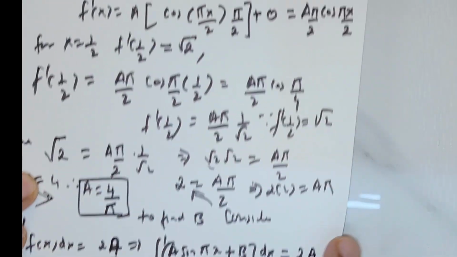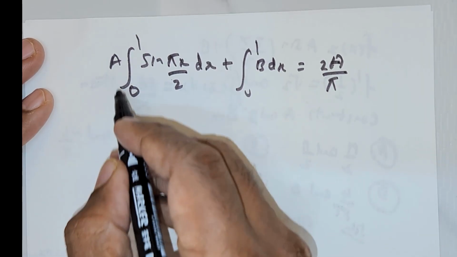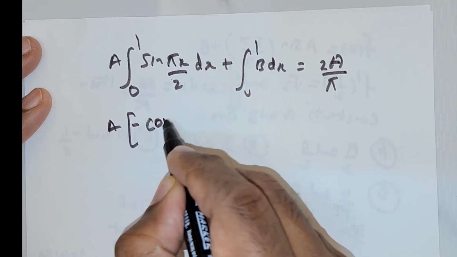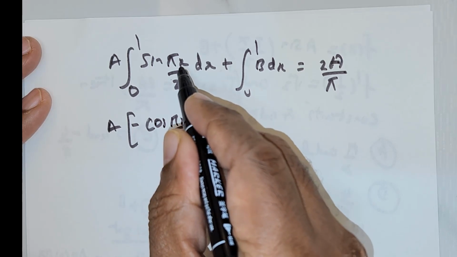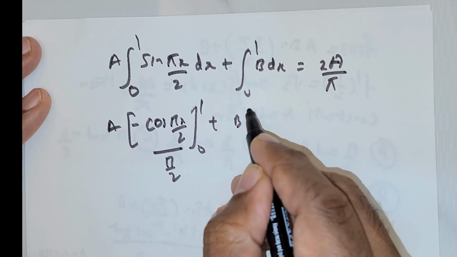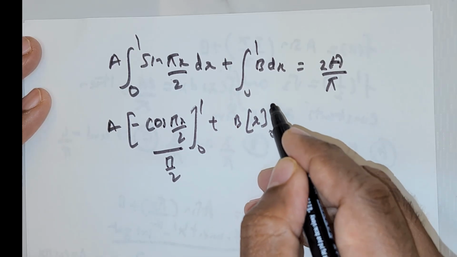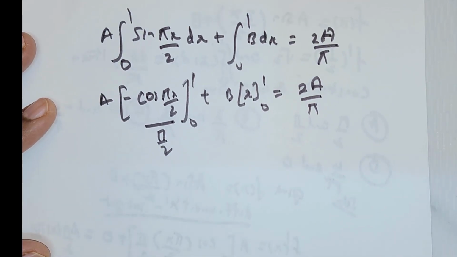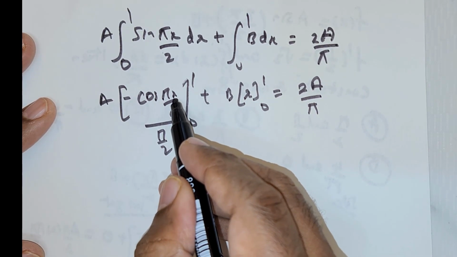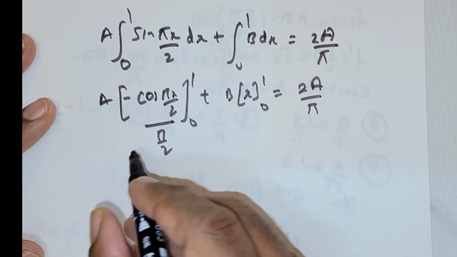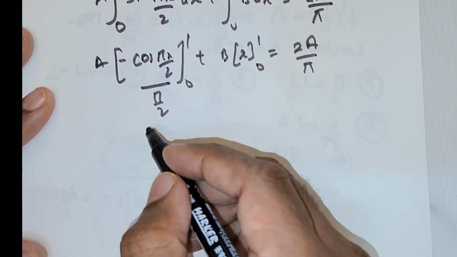Now we will have to move to the next space. So let me do that. Okay, if we were to integrate this, this is going to give me negative cos of pi x over 2. The coefficient of x is pi over 2. So the limits are 0 to 1. If I were to integrate this, I get b x from 0 to 1, is equal to 2 times a over pi. So if I substitute 1, I will get cos of pi over 2, that is going to give me 0.